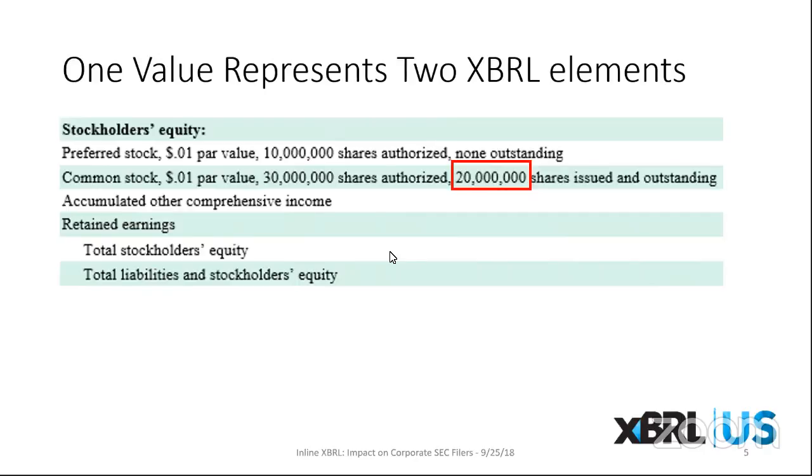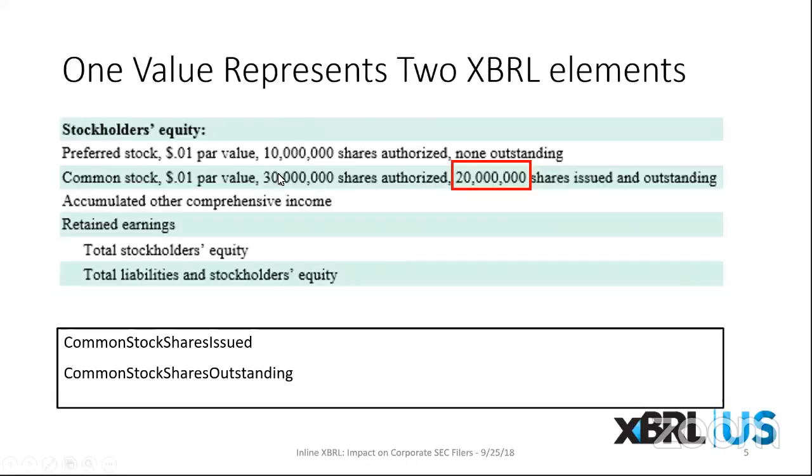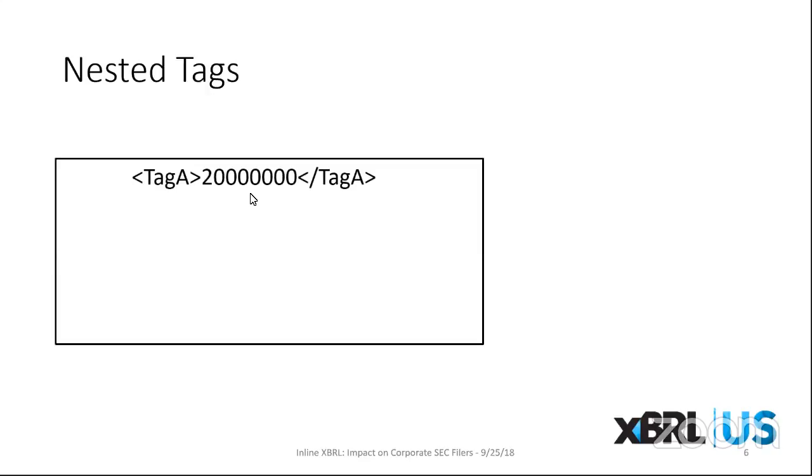And on the next slide, the heading is nested tags, but with this nested XBRL, the best way to look at it is, if you see on the slide, it says tag A 20 million and then tag A, that's the closing tag with a slash through it.